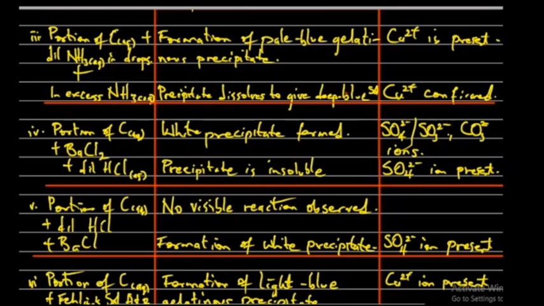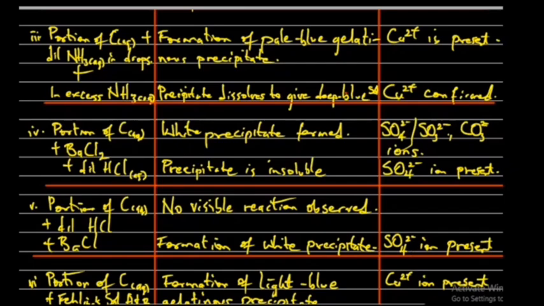We also added dilute HCl directly to our C, and there was no visible reaction. Then when we added barium chloride to it, formation of a white precipitate was observed, and that confirmed the presence of SO4 2 minus.